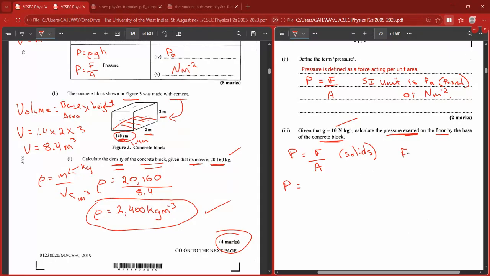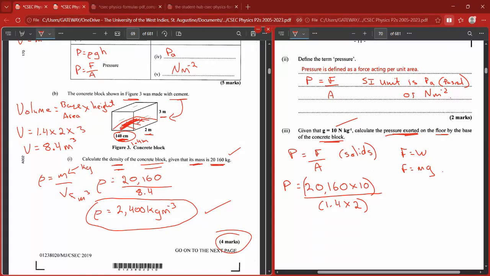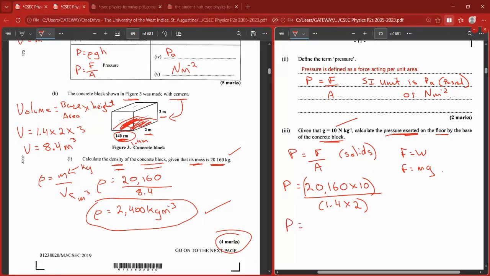Since F is equal to W, F is equal to mg. So the mass is 20,160 multiplied by 10, which is gravity, all over the area, which is 1.4 multiplied by 2. That is the area, the base, this shaded region here. That will give me the pressure in terms of Newton per meter squared.